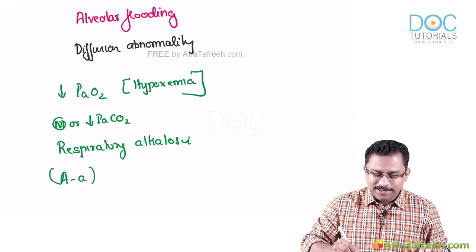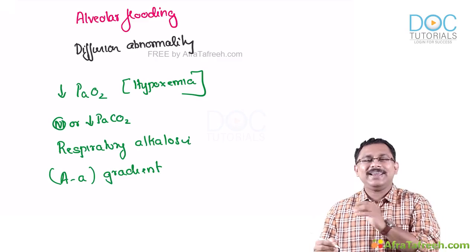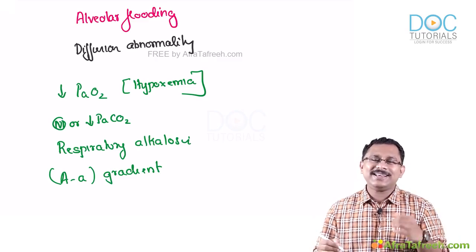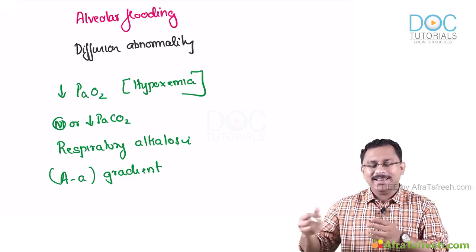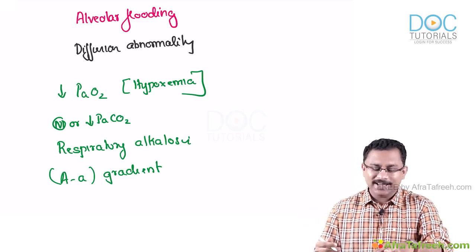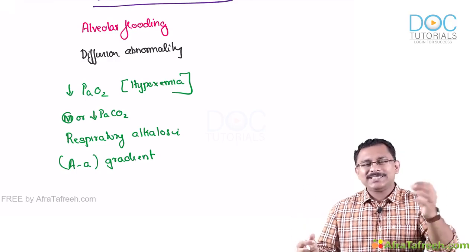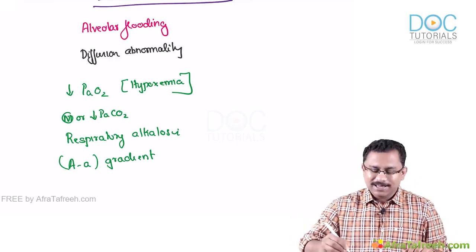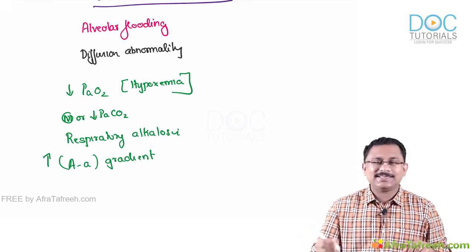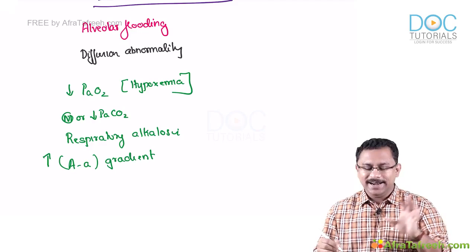Respiratory alkalosis. And what will happen to the AA gradient? AA gradient, that is your alveolar arterial oxygen tension gradient. The gradient will increase because, capital A is the alveolar oxygen and small a is the arterial oxygen. So arterial oxygen is very much less because there is a diffusion problem that is happening. So the gradient will increase. There is an increase in the alveolar arterial oxygen tension gradient.